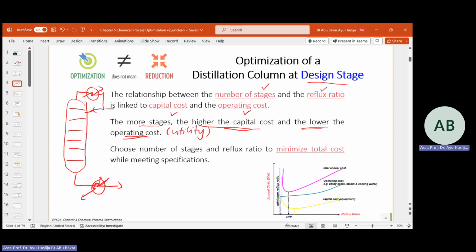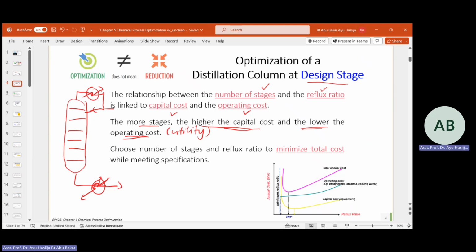Another thing, when you have more stages, let's say your aim is to get 95% purity. Instead of having a few distillation columns to achieve that high purity, you increase the number of stages.